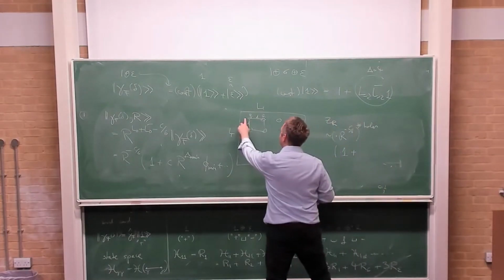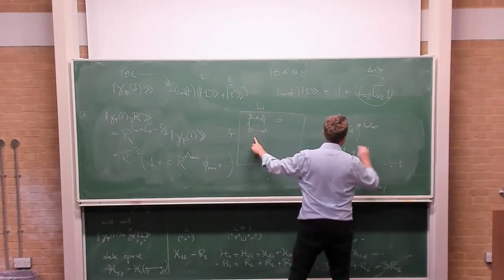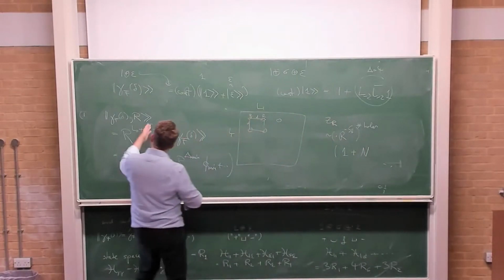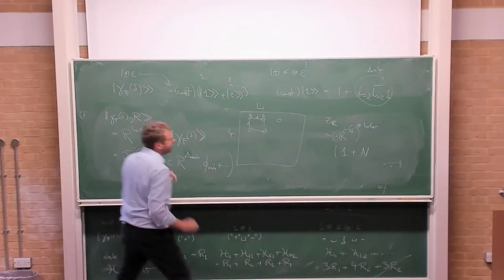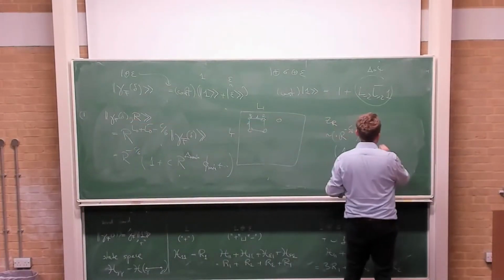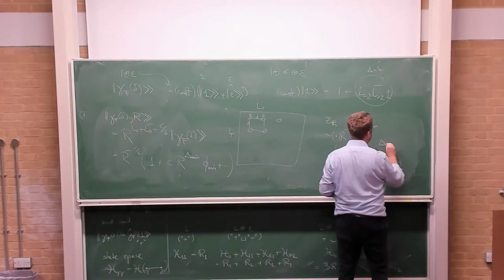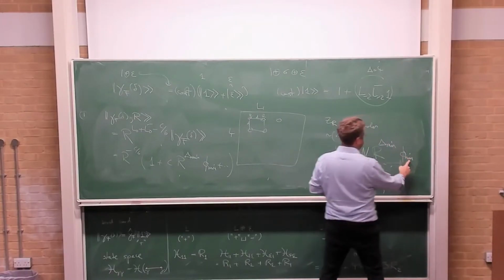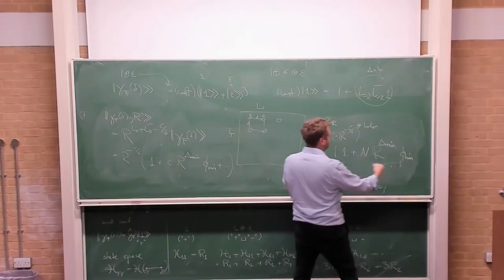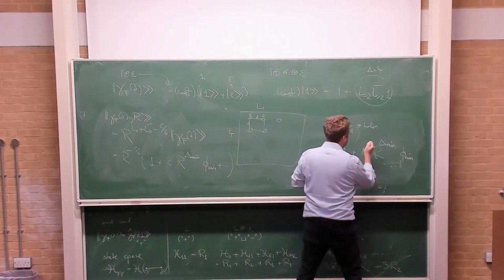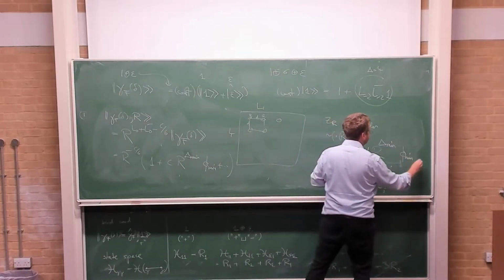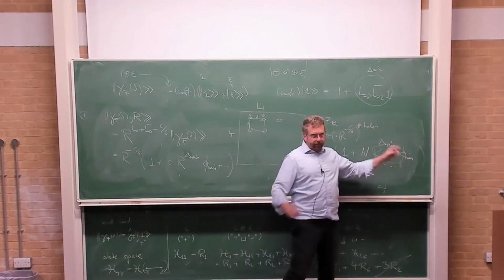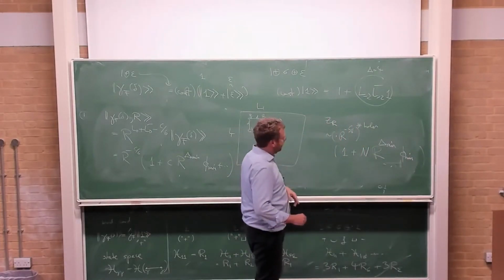I get from each hole in here, so I have n holes, say, I get a contribution of, so I get all these ones, and then from each hole I get one of these. So I have r to the delta min phi min. And the positions of these are sort of a sum where these sit. Well, let me write it like this anyway. Where these sit at the places of these holes.